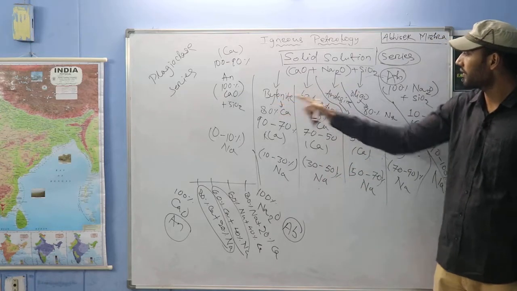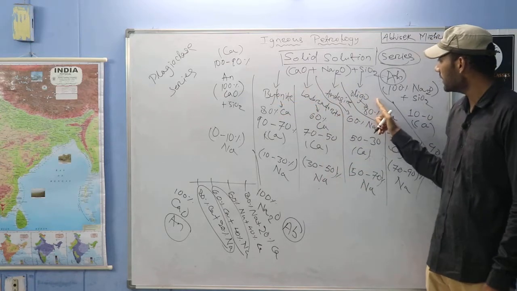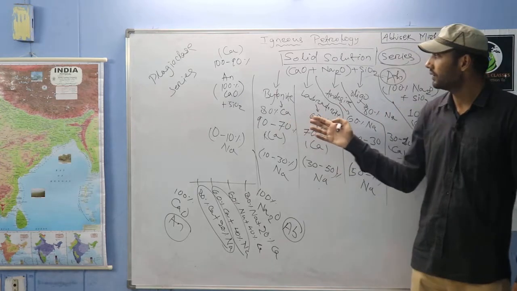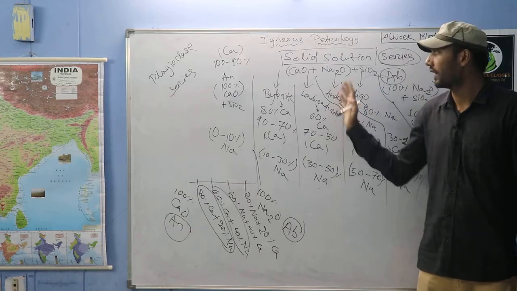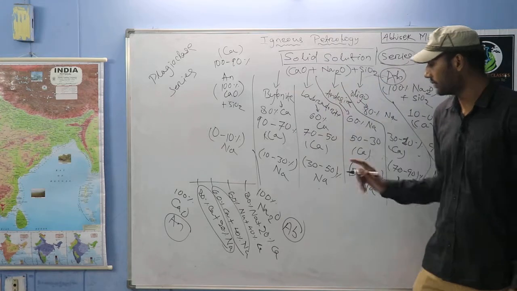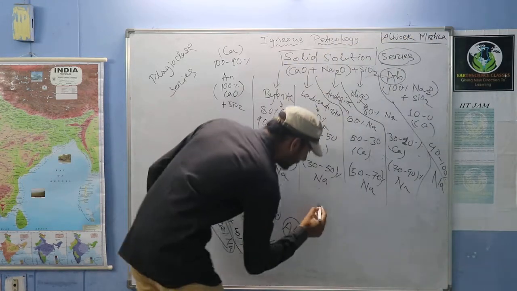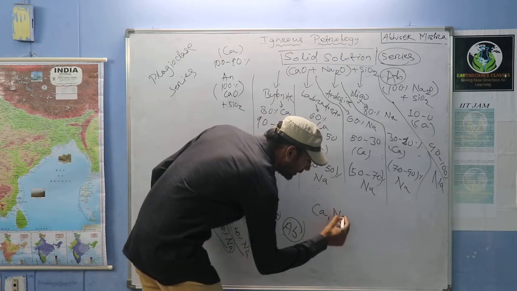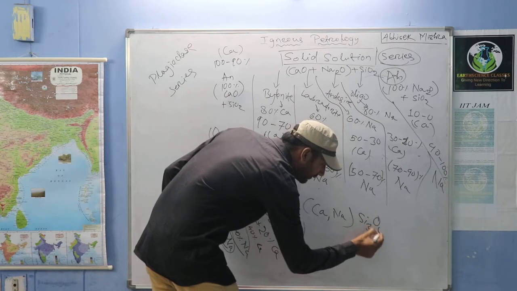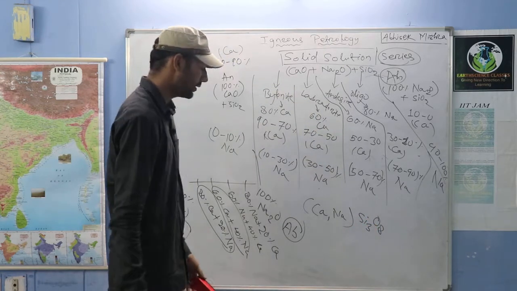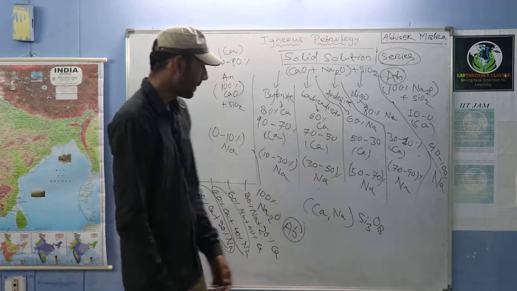Okay, but all these, bytownite, labradorite, andesine, oligoclase, can be called calcic plus sodic, both calcium sodium silicate. We can write it like calcium sodium aluminum silicate. Si3O8 is the formula for your feldspar, right?